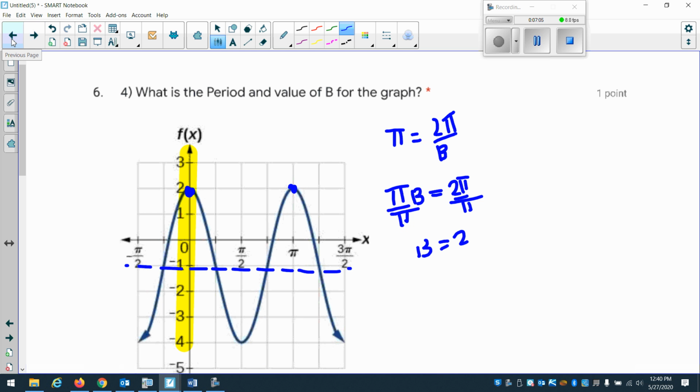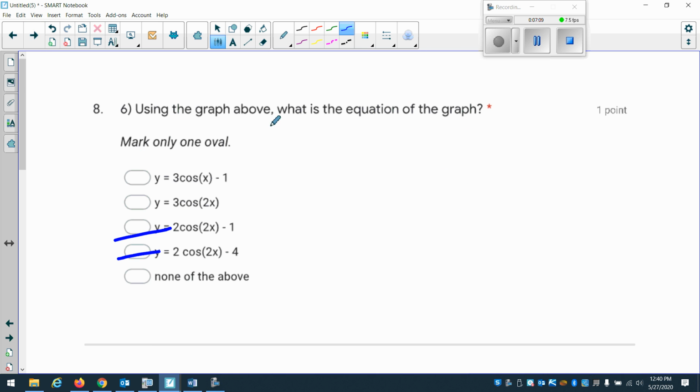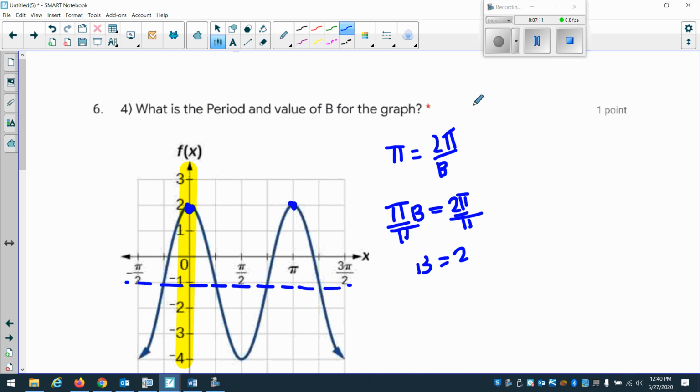So your answer should be, if I go back here, y equals 3 cosine of 2x minus 1.